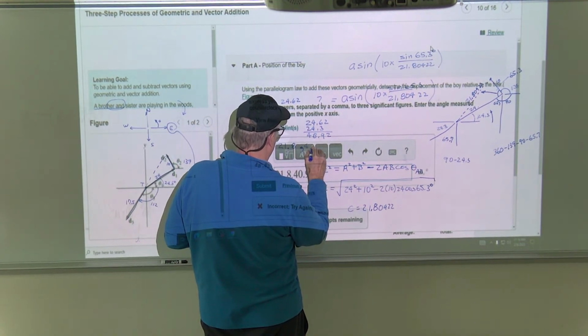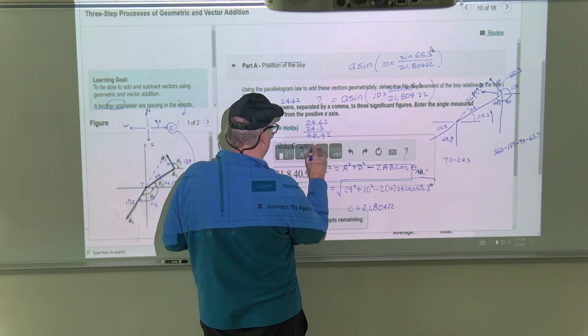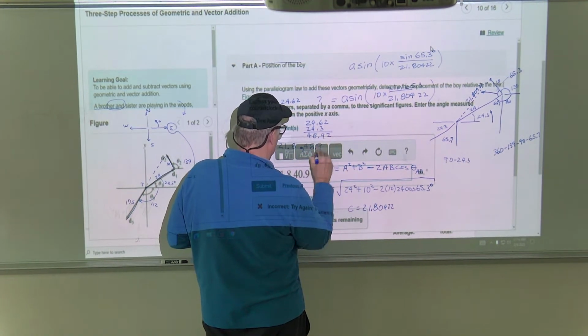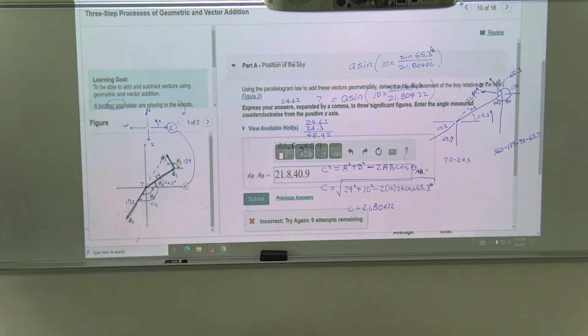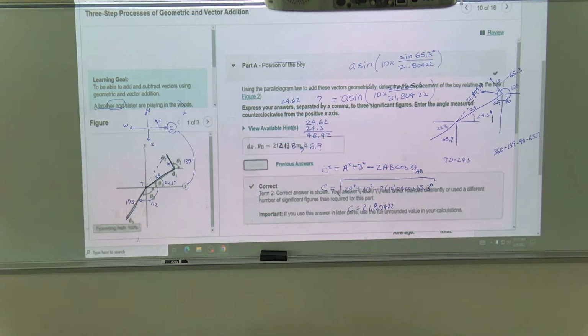Or if I'm supposed to carry that many digits, that's what I'm supposed to do. 48.9. And so now what happens?